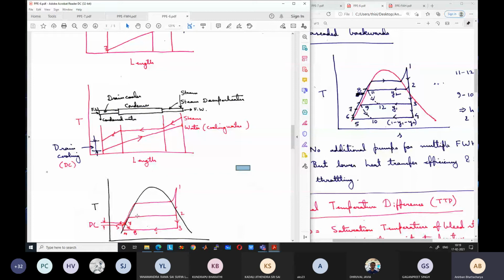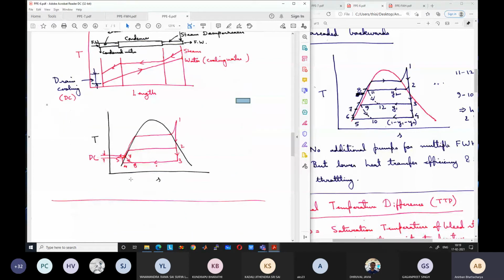Why is it required? In the actual case, this increases the heat transfer because you are extracting more energy. But this drain cooling parameter, this temperature difference, which is again of the order of 3 to 5 degrees centigrade, helps us find the value of this temperature, because otherwise there is no way to know the temperature at the exit of the drain cooler, or at the exit of the feed water heater.